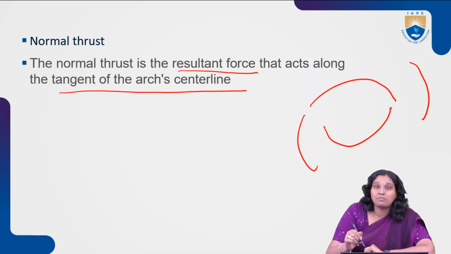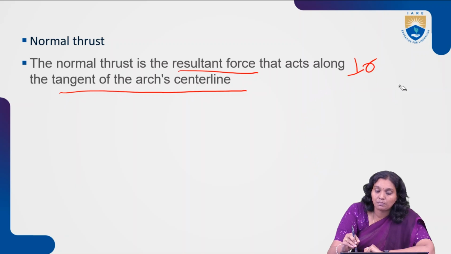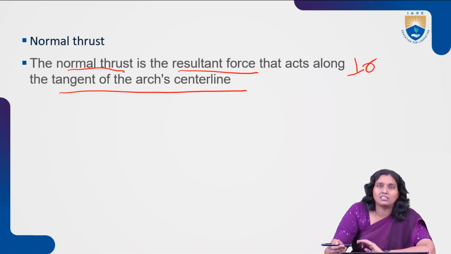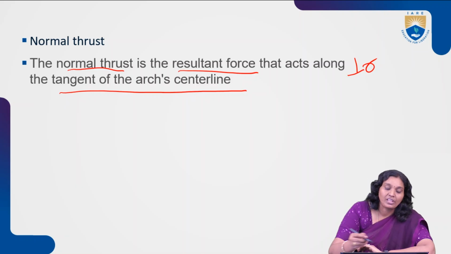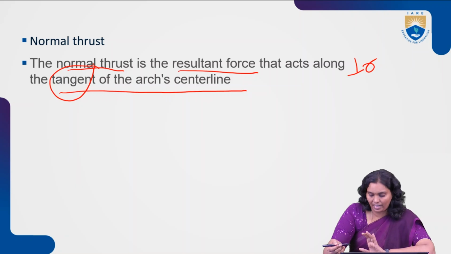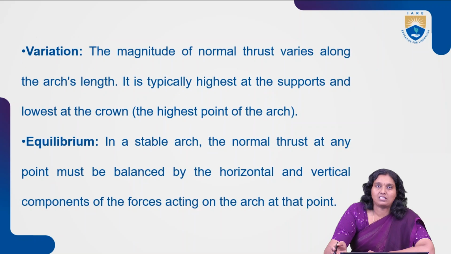Based on the parabola, perpendicular to its axis, we will get this normal thrust. So the normal thrust is the resultant force that acts along the tangent of the arch's central line. This is the single sentence we understood about the normal thrust.